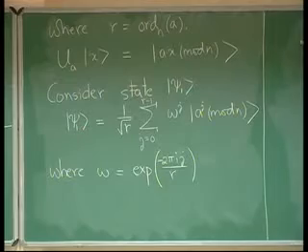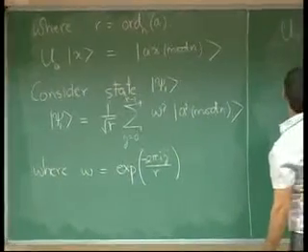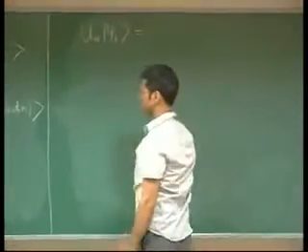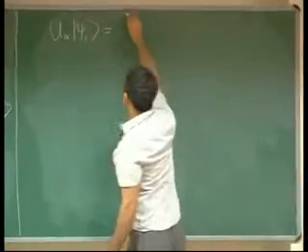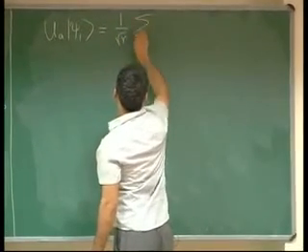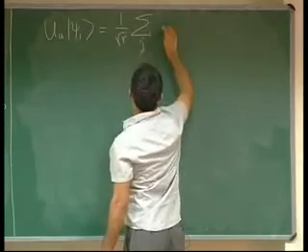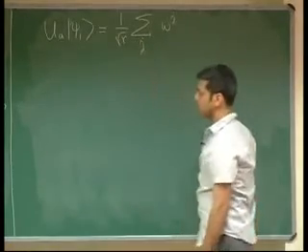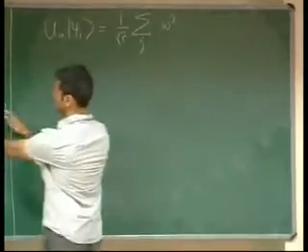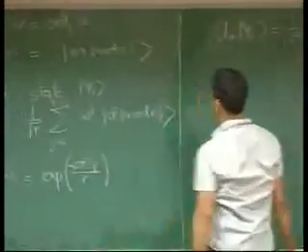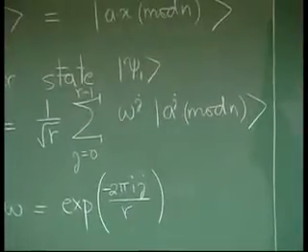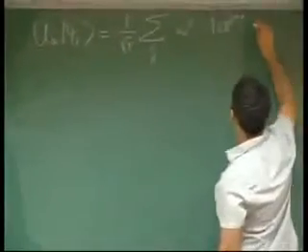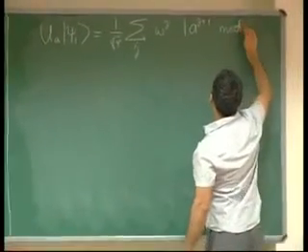Okay, so let's see what U sub A applied to C1 is. This is 1 over square root R, summation over j, omega to the j. You multiply the number here by A, you simply get the next higher power of A, a to the j plus 1 modulo n.